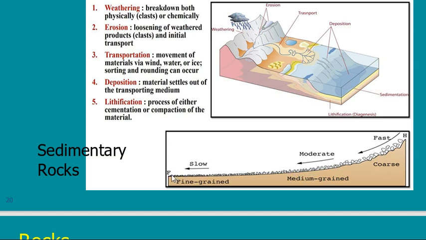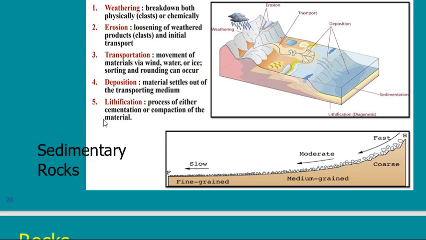Then when I go here will be the delta. When I come here, the water is very, very slow, and it may reach stagnant. When this happens, all of the fine particles settle down, and this is the formation of the delta. So this is the deposition phase.